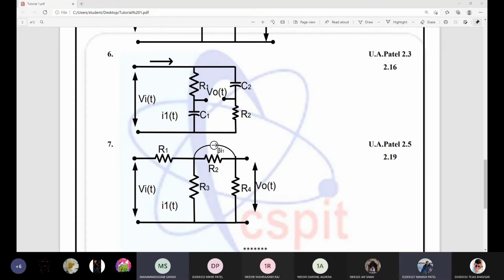Sir, whatever you draw in your notebook is not visible. We are just seeing the number 6 of the manual book.